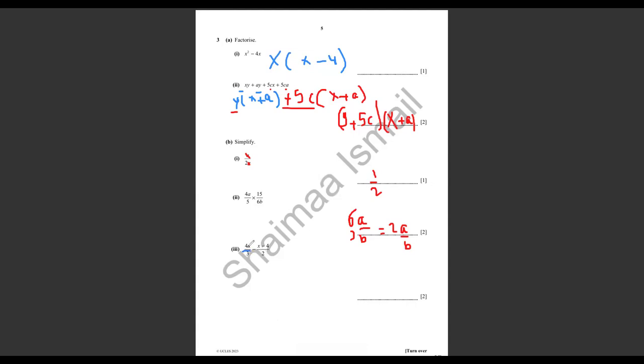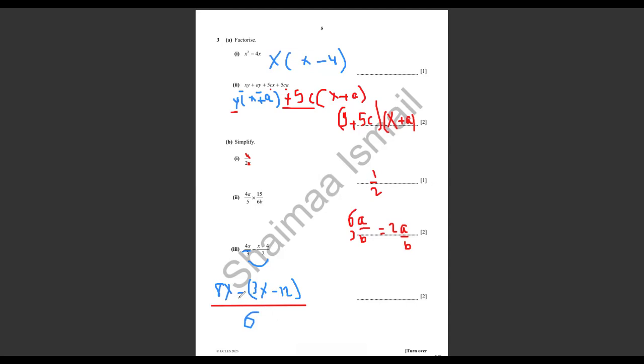So 4 multiplied by 2, it would be 8x minus 3x minus 12 over 3 times 2 equal to 6.